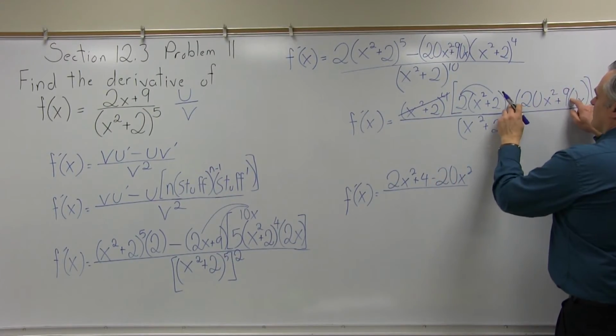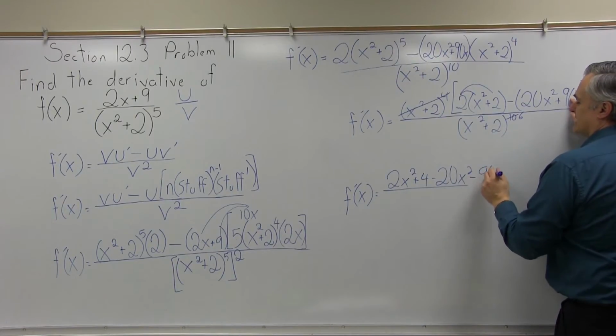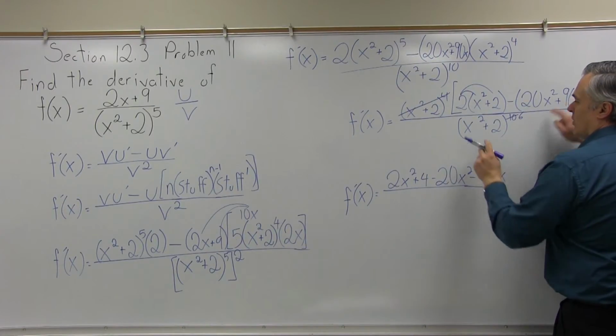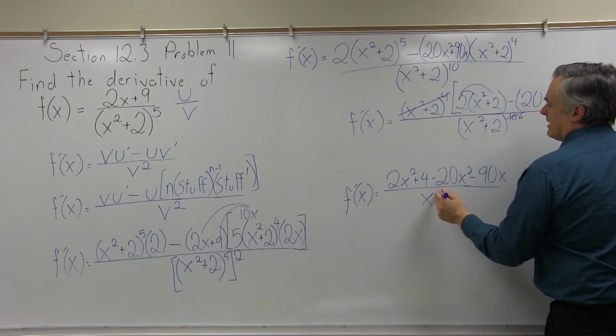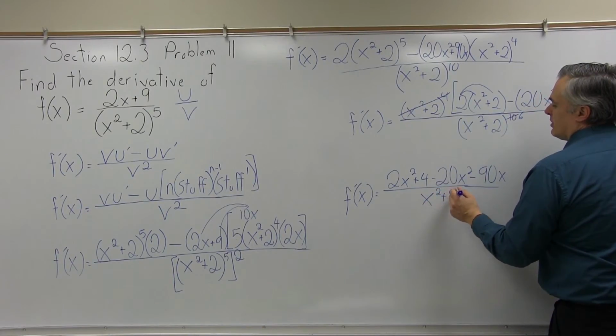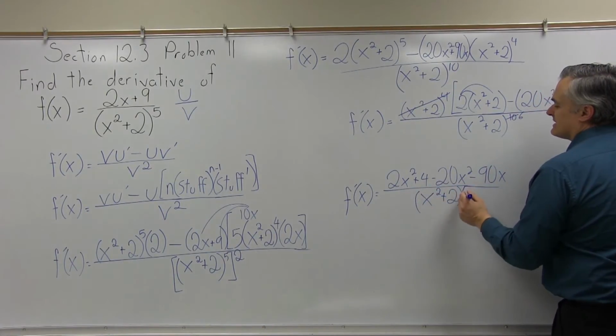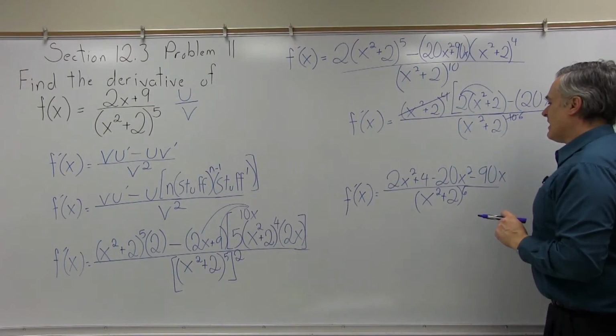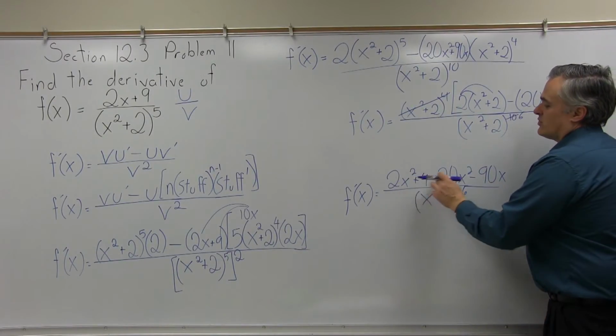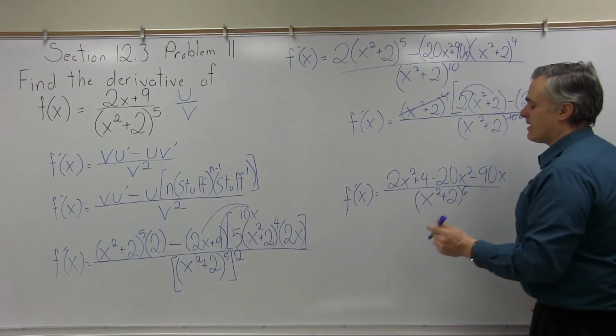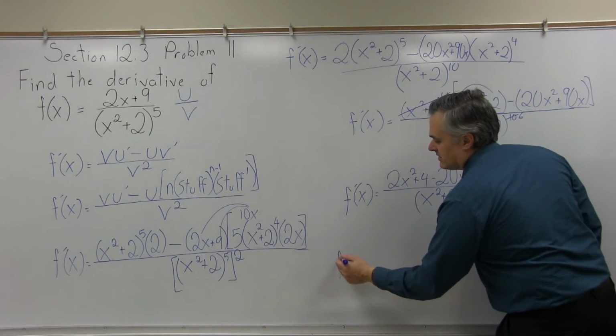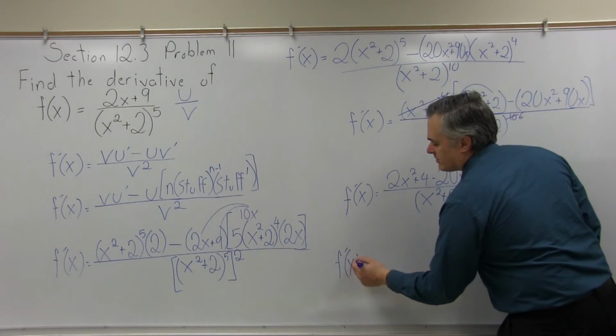And because of the minus in front, it's going to be minus 90x, over, in the denominator, (x squared plus 2) to the 6th power. And the last thing you can do is, I have a 2x squared and a negative 20x squared. I can combine those for a final answer if you want to simplify it to the end.